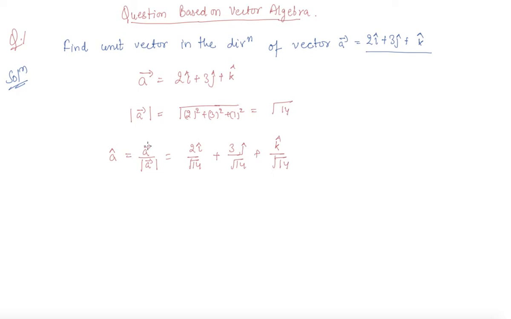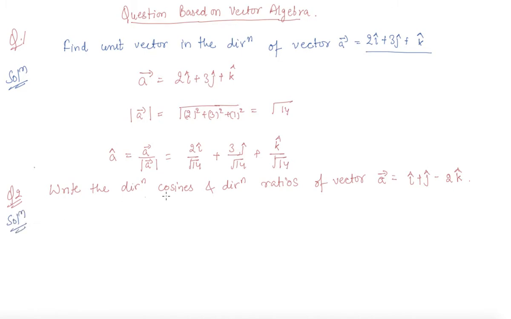Okay, now let's move to question number 2. So students, here is question number 2, which states: write the direction cosines and direction ratios of this vector.